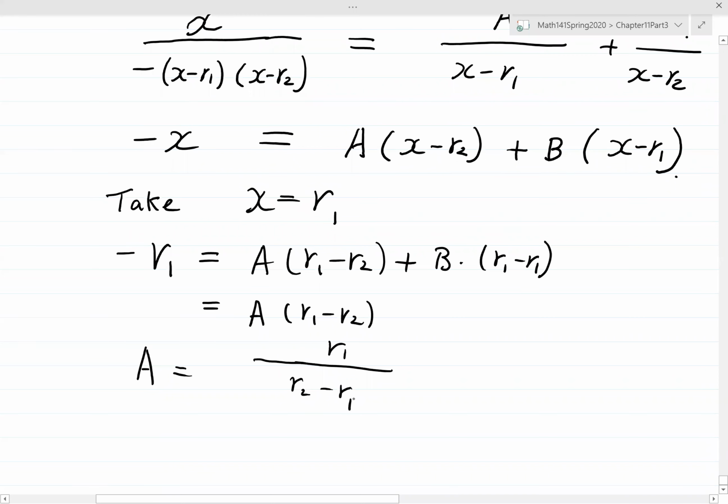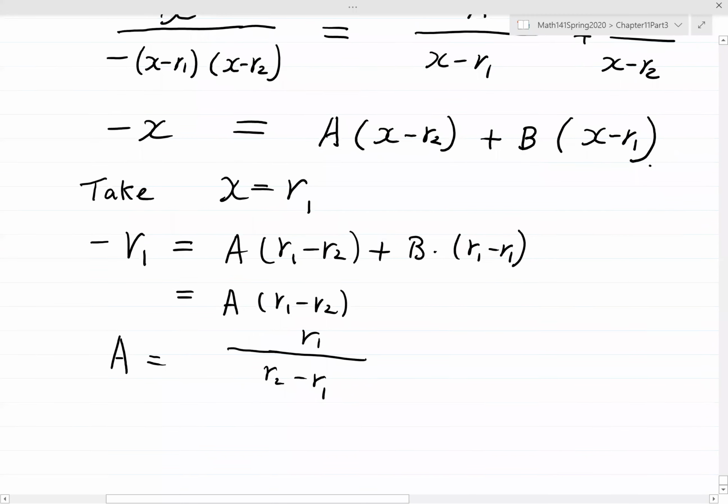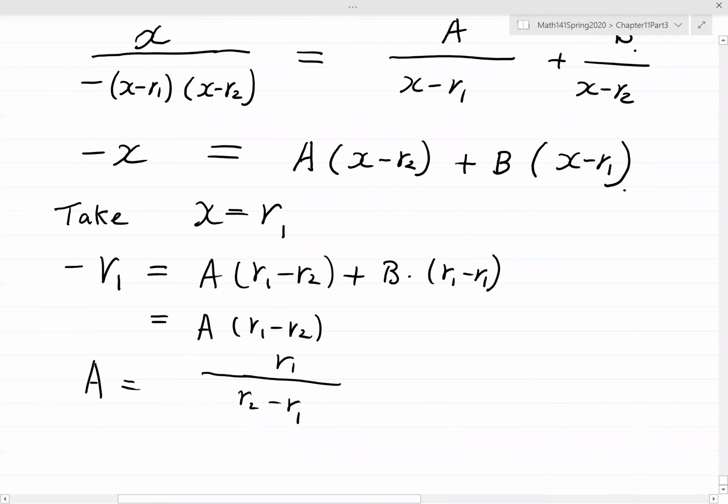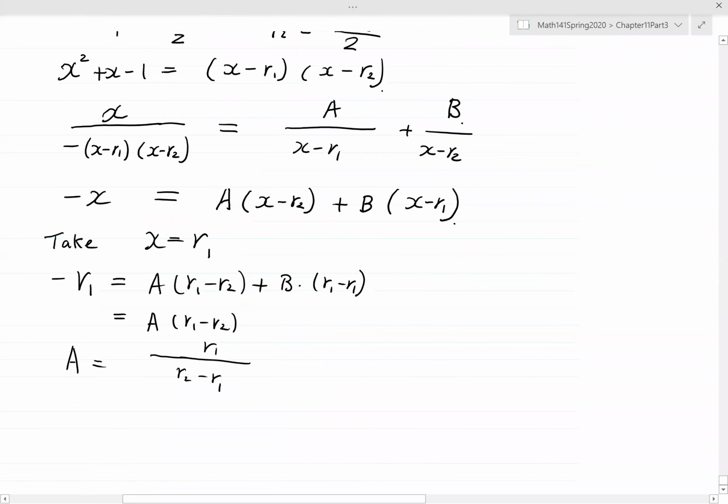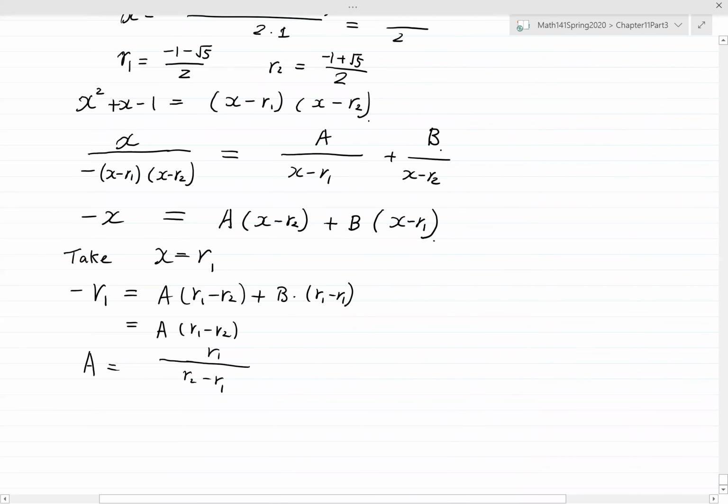Okay, what is a? What is r1? What is r2? Here r1 is negative 1 minus root 5 over 2. r2 minus r1 is negative 1 plus root 5 over 2 minus r1, so it's plus 1 plus root 5.